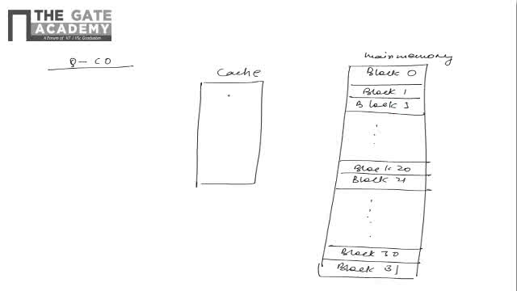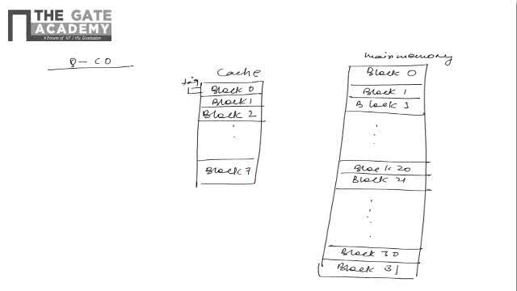Similarly, in the cache there are 8 blocks. So this will be block 0, block 1, block 2 and so on till block 7. There will be a tag field associated with each.